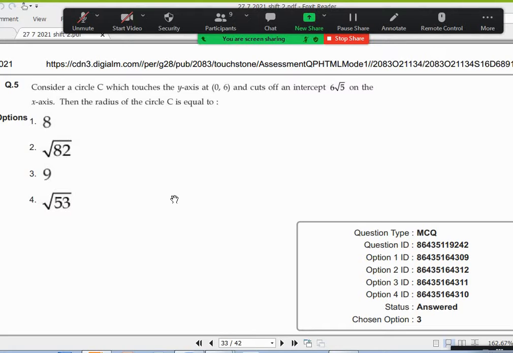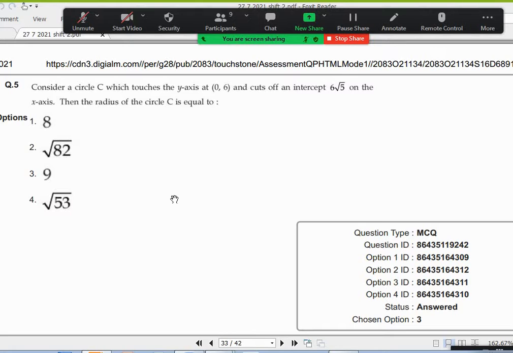Consider a circle which touches the y-axis at (0, 6) and cuts off an intercept of 6 root 5 on the x-axis. Okay, fifth question.